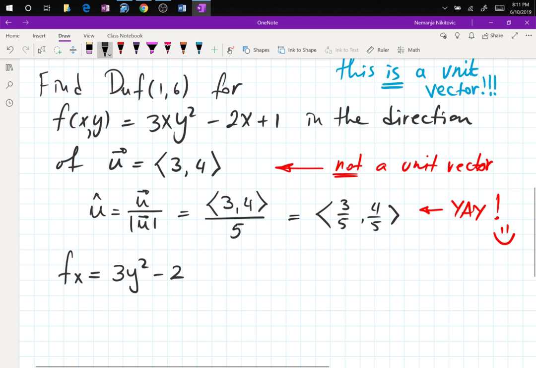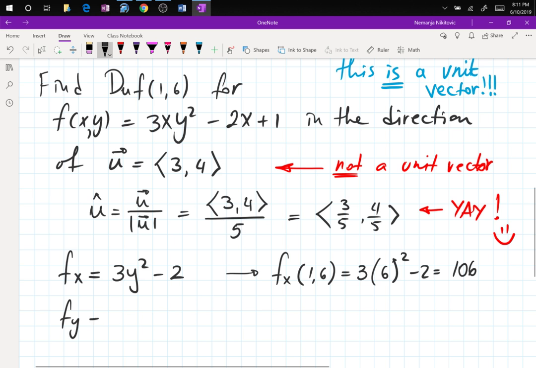So from here I calculate fx at (1, 6), and that is going to be 3, who picked this number? 6 squared minus 2. That's 36 times 3 minus 2. 36 times 3, was that 90, 108, 106 altogether, right?